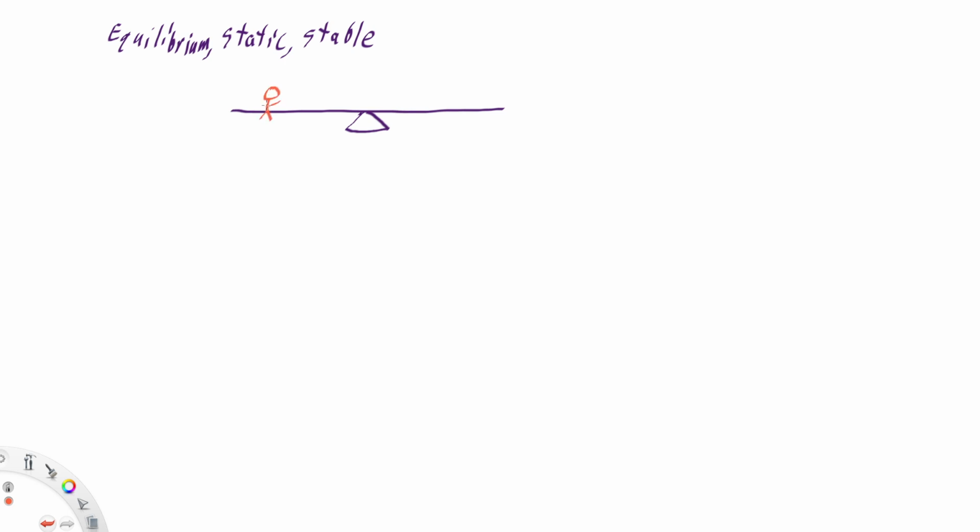This question actually came up during office hours, but I think it's a good enough example that we're going to do it again. Now these kids are not sitting on the end of the seesaw because they're not doing the whole up and down thing that seesaws were designed to do. They're just trying to balance.